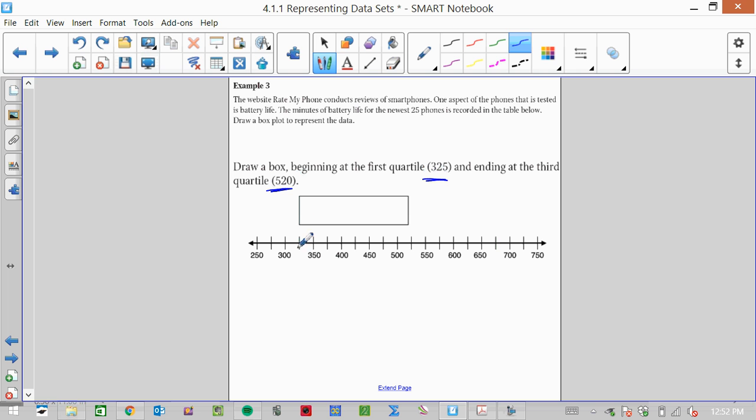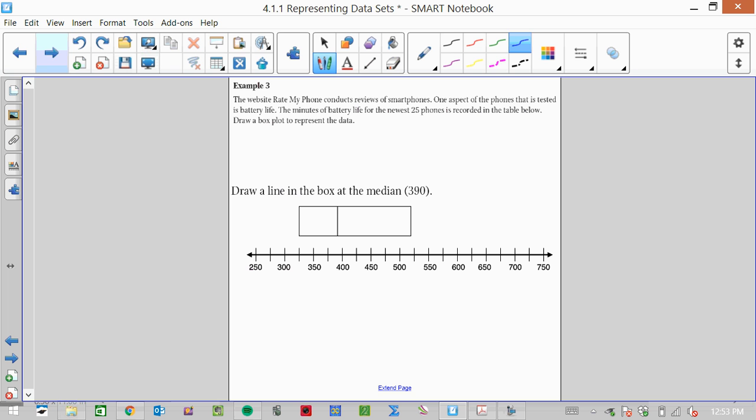So we draw lines above the graph at our first quartile and our third quartile, and then we draw in the rest of that rectangle to complete the box.